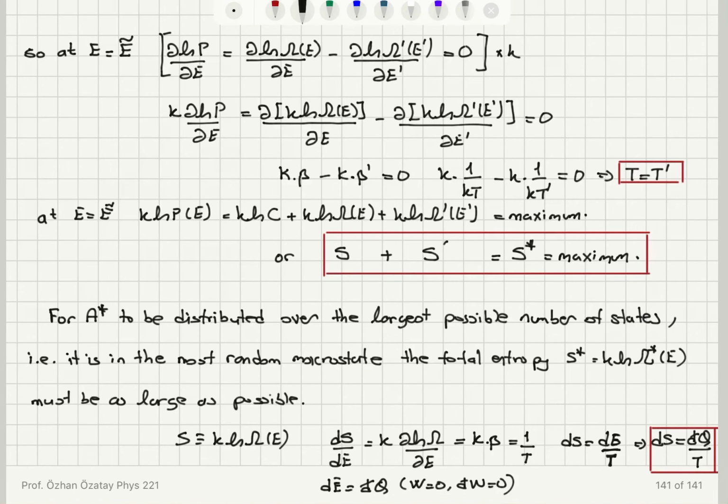If it is a thermal interaction which doesn't have any work or a small amount of work done on the system, you have dE is equal to d-bar q. So an infinitesimal change in entropy is the infinitesimal amount of heat added divided by temperature T.